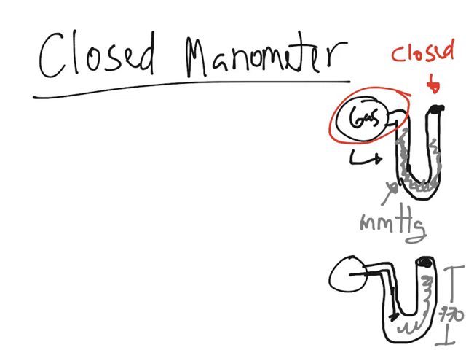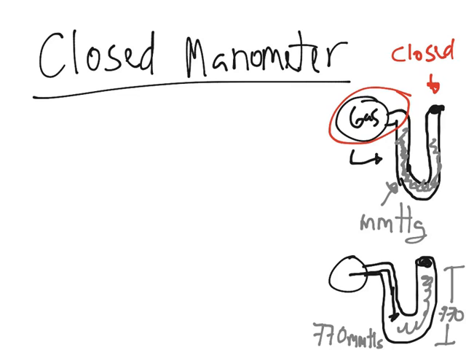So let me write it here. And that is our height difference. Because there's no contact with the environment, the atmosphere won't play any role here. So you can simply convert from millimeters of mercury into atmosphere or the desired unit.